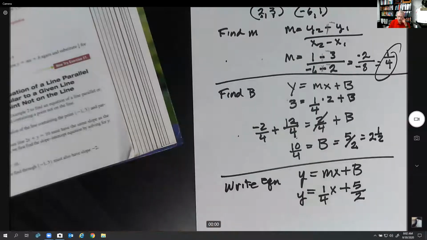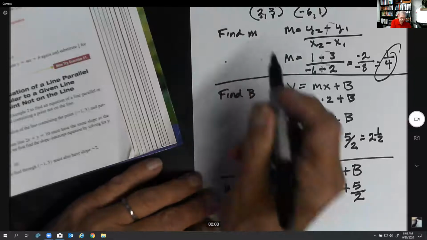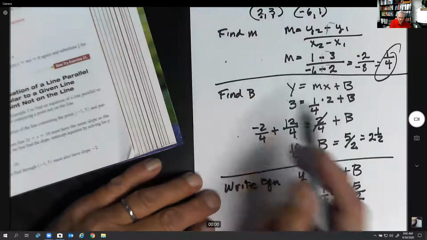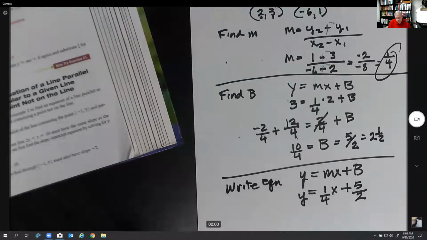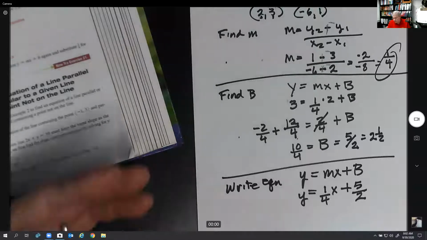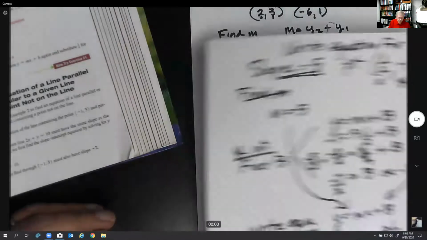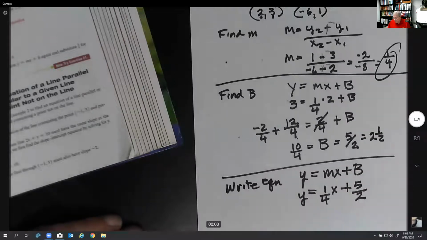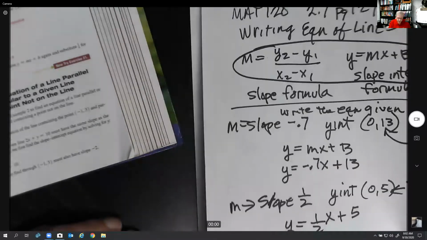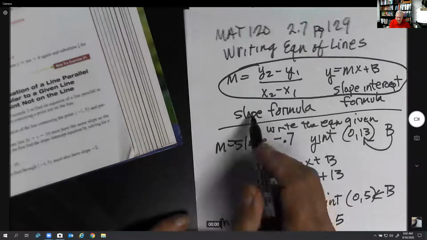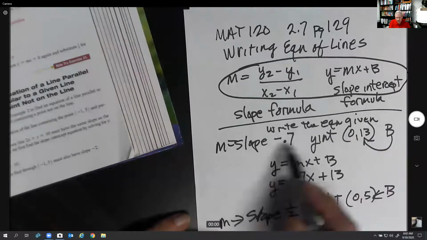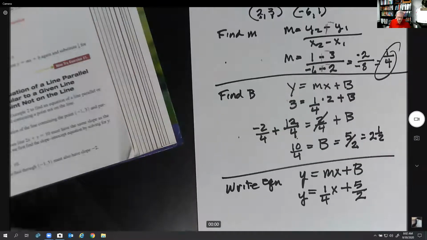And there I've got my equation. So 3 steps: find m, find b, write an equation. That works if you're given 2 points, if you're given a slope and a point, or if you're given just the slope and the y-intercept. We do the same thing: find m, find b, write an equation.